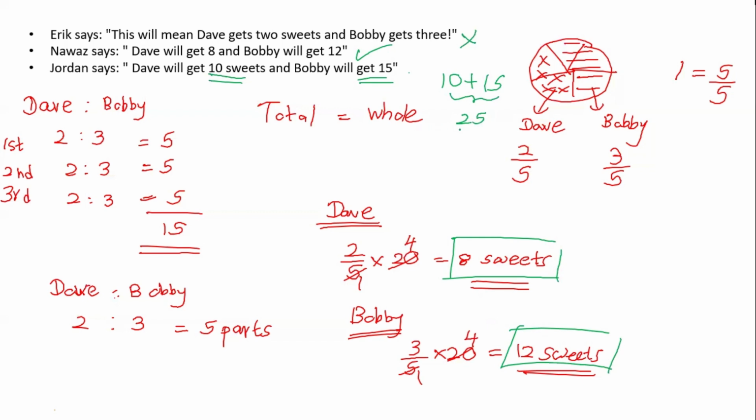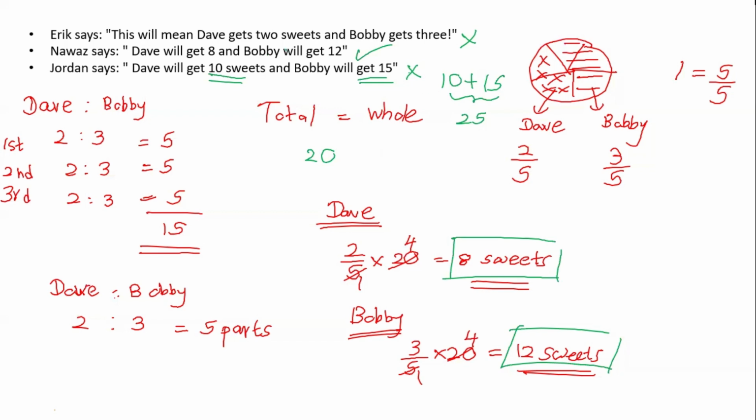But actually, in the question, the total number of sweets is 20, not 25, right? If so, then this statement is also not applicable because this is giving a value more than 20, I mean the total, right? If so, then the second answer, Nawaz, is the one who said the correct statement.